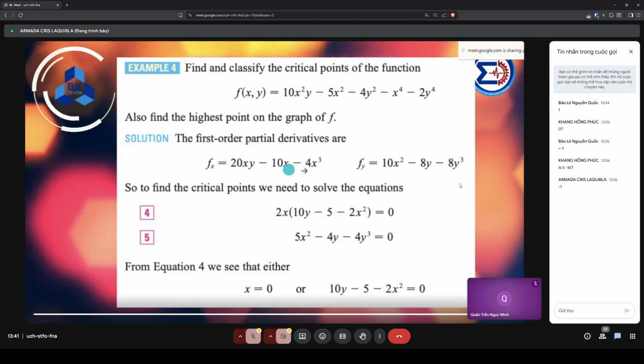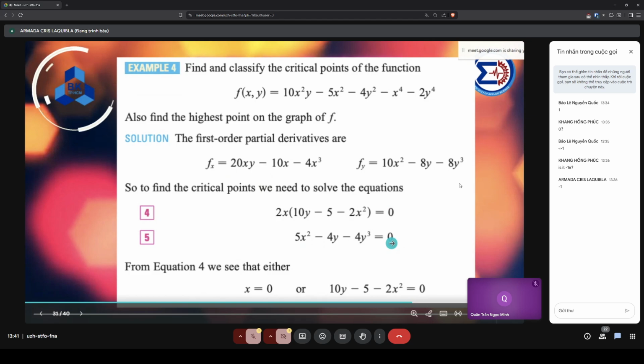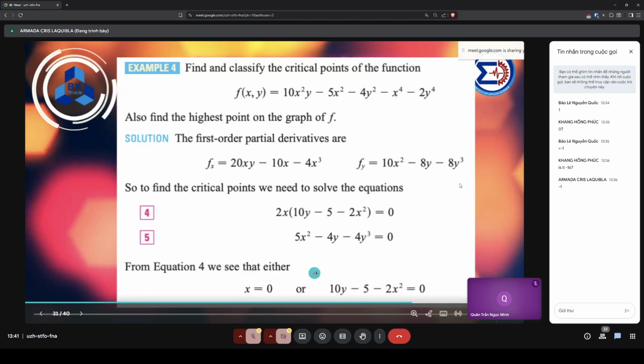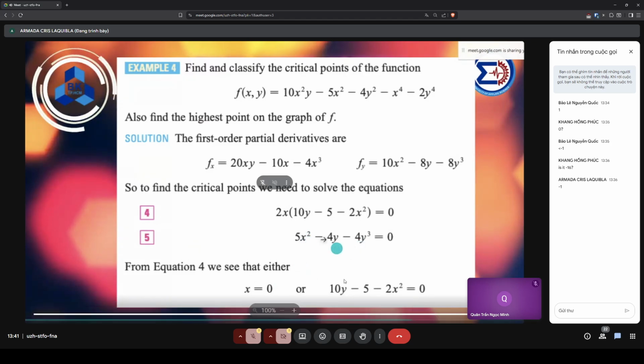So here, fx is equal to 0 and fy is equal to 0. This is the result, right? So you have to combine them and then solve the values of your x and y. Okay, so here we can solve many values for x and y. So first we have this one, 2x is equal to 0. We have there 0. Now substitute this in your fifth equation. Now class, if your x here is 0, what will happen? This one will happen. Negative 4y minus 4y cubed.